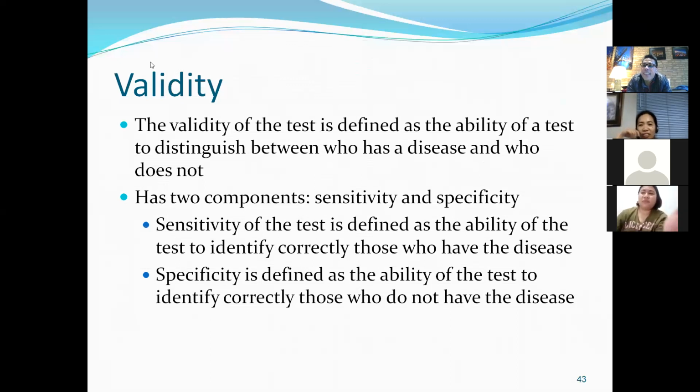For me, Doc, if it is a confirmatory test, it would probably make the results more accurate when it comes to the cell count of the HIV patient. Okay, any other? Try to frame your answer based on sensitivity.